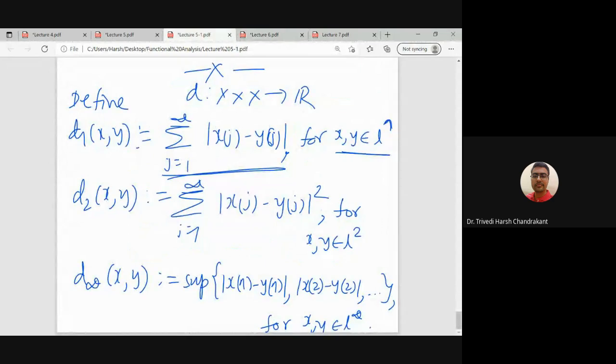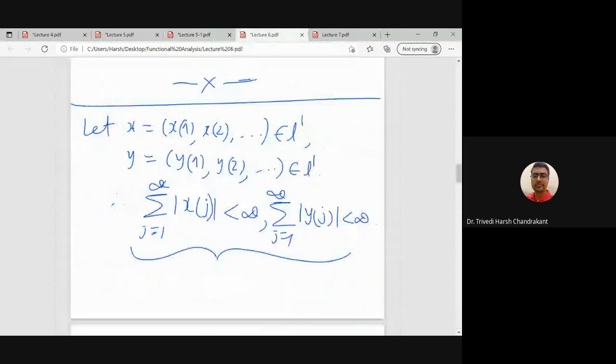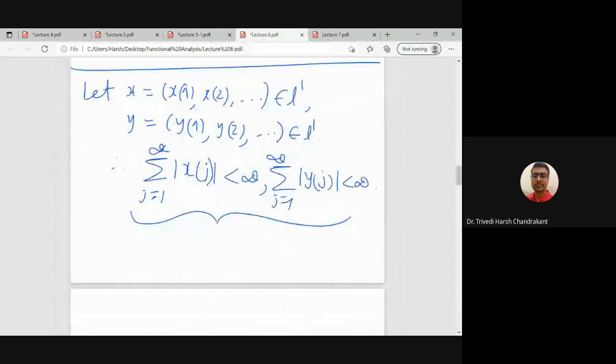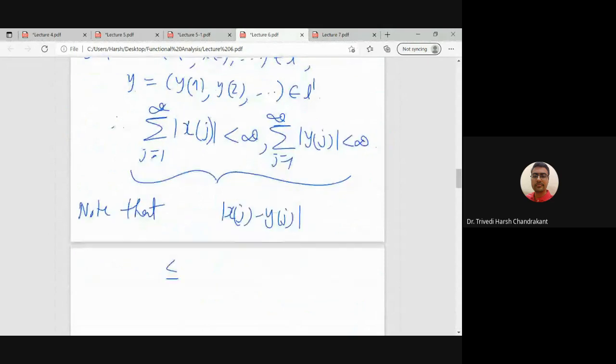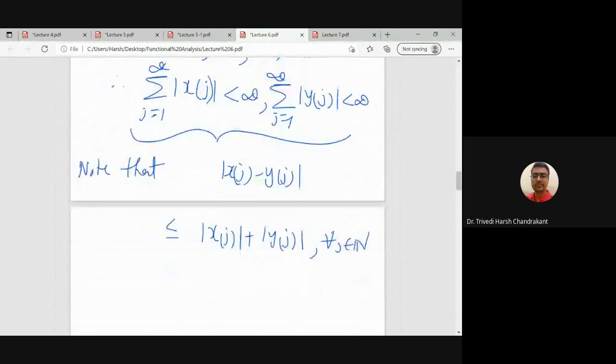So what we will do here, we can use triangular inequality. So this term is less than or equal to modulus xj plus modulus yj for all j, right?